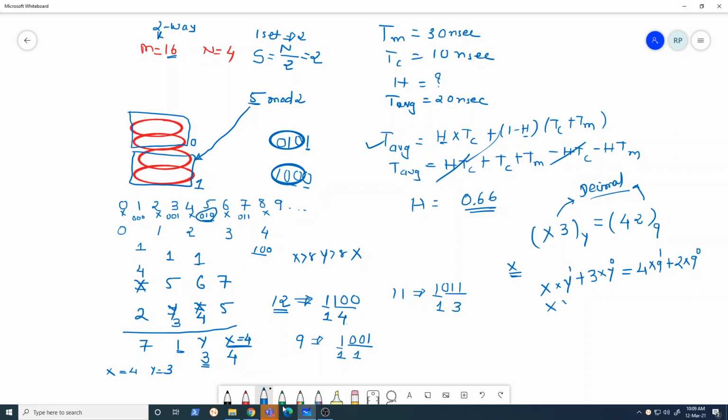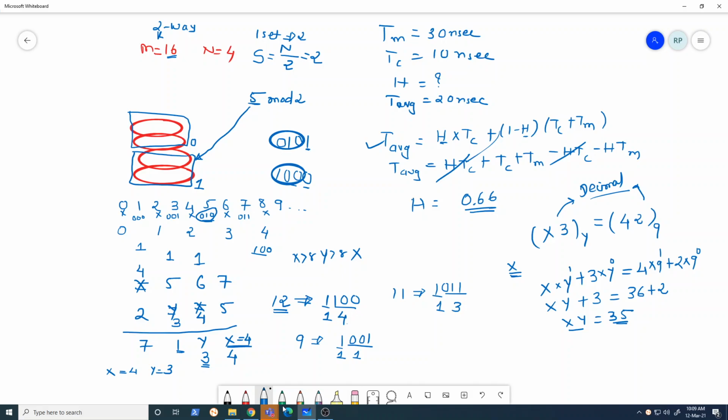Now this is xy plus y raised to 0 is 1 plus 3. This is 36 plus 2. Xy is 38 minus 3, 35. So now x into y is 35.